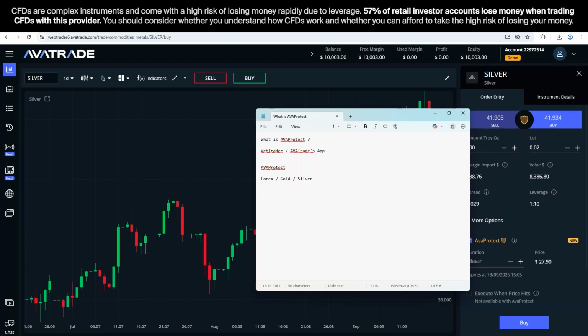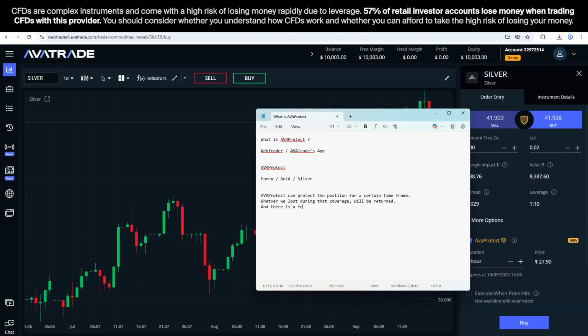What this product does, exactly as the name describes, is protect the position for a certain time frame. Whatever we lost during that coverage will be returned, okay?